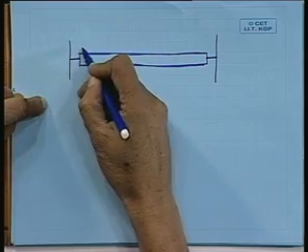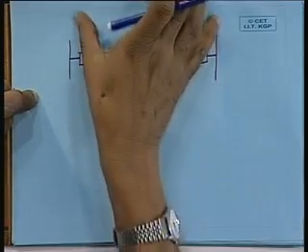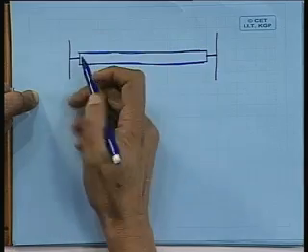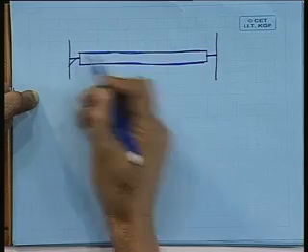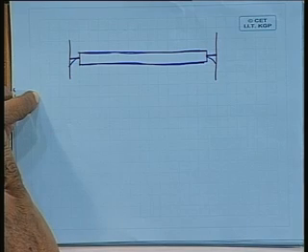If you have a cellular structure, and suppose this side gets flooded, then the whole thing may get distorted, in the sense that this will remain intact, whereas the joint will go and undergo a plastic deformation.